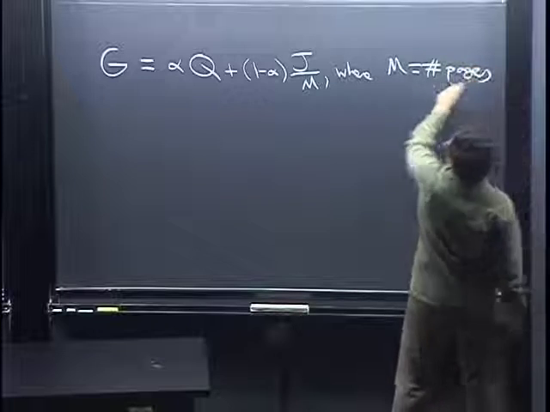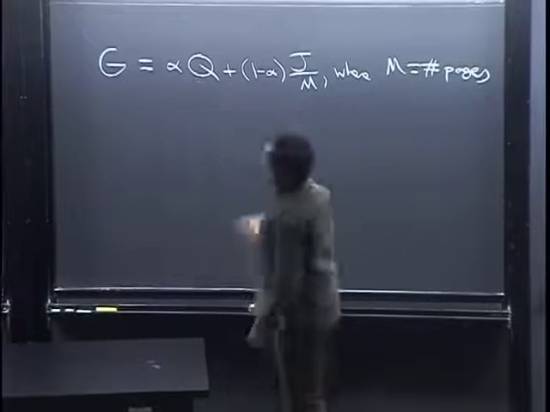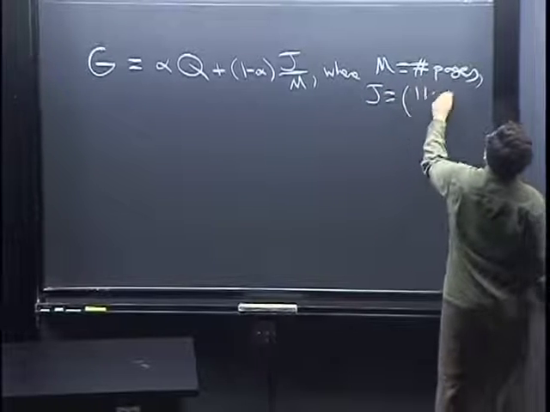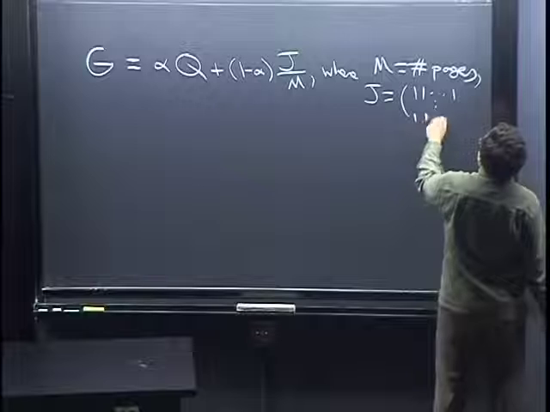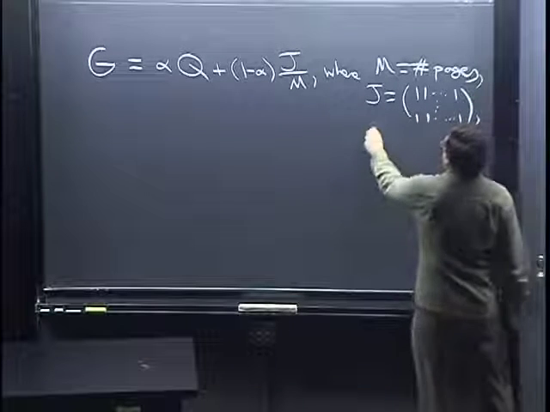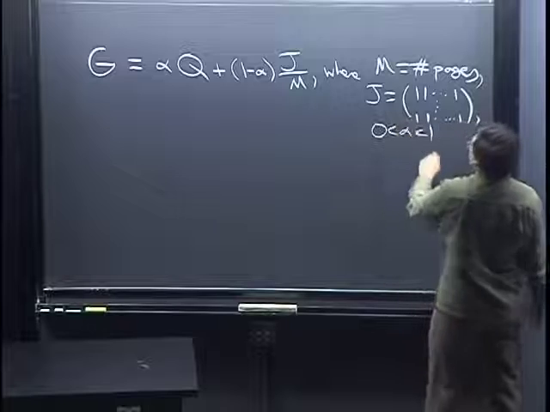So Q is an m by m matrix, and J is the matrix of all ones. I want to explain why they did this. And alpha is just a constant, a number between 0 and 1.